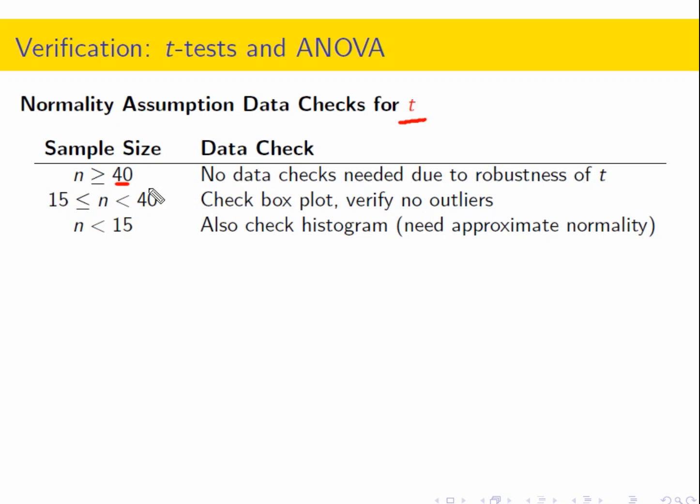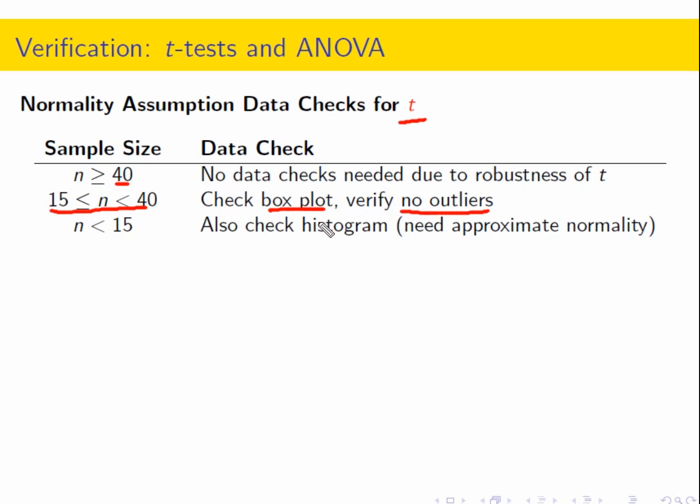So that's great. But what if we have these small sample sizes that are less than 40? Well, for any data set less than 40, we're going to check a box plot. And it's going to be okay to use t-procedures as long as we find no outliers. Any data set, any distribution, again, we don't have to have bell-shaped yet. Whatever the distribution is, we just can't have any outliers.